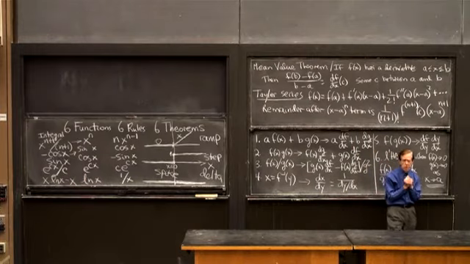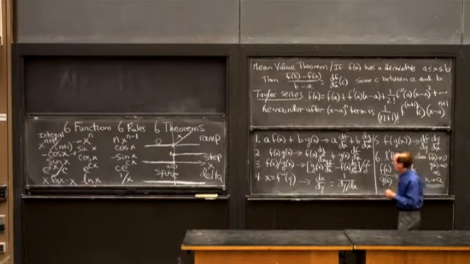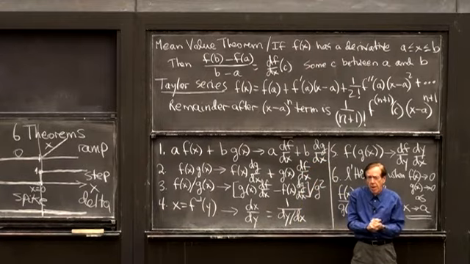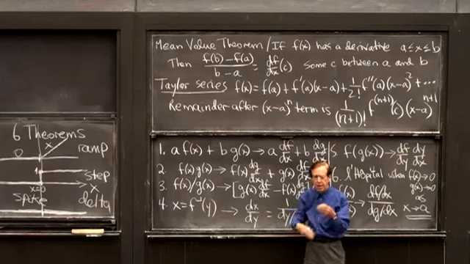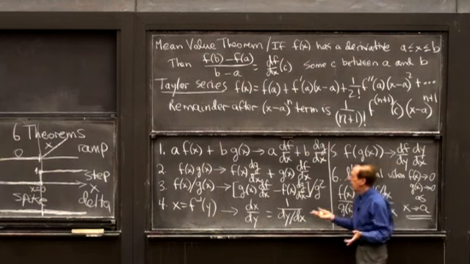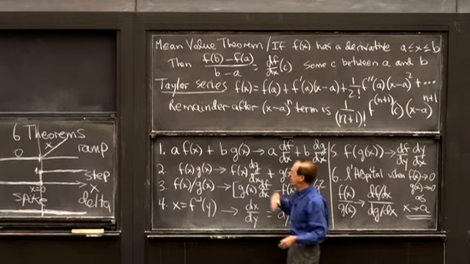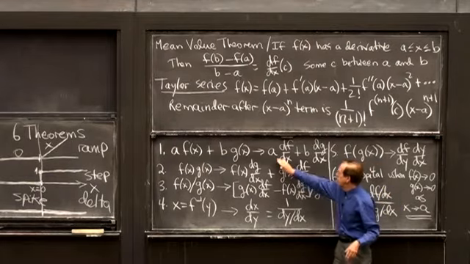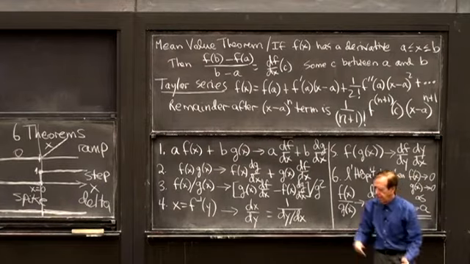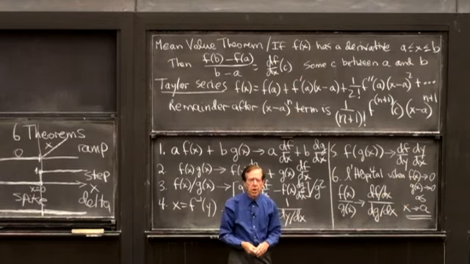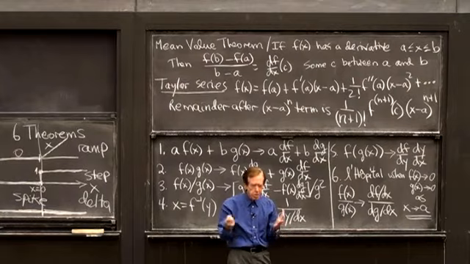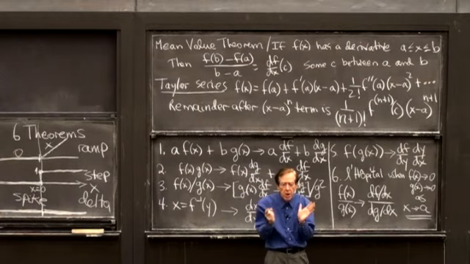Now for the 6 rules. Nothing too fancy here. I don't think I really emphasized the most important and simplest rule, that if you have a combination, like you add 2 functions, then the derivatives add. Or if you multiply that function by 2 and that function by 3 before you add, then you multiply the derivatives by 2 and 3 before you add. It's that fact that allowed us, I mean, you've used it all the time. If you integrated x plus x squared, you used the sum rule to integrate, took the derivative.